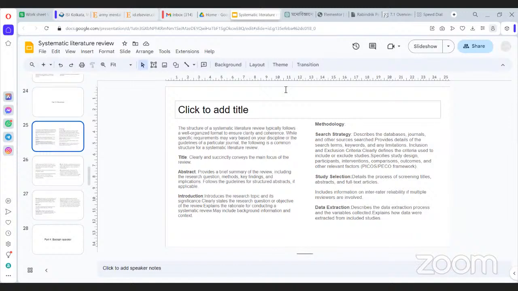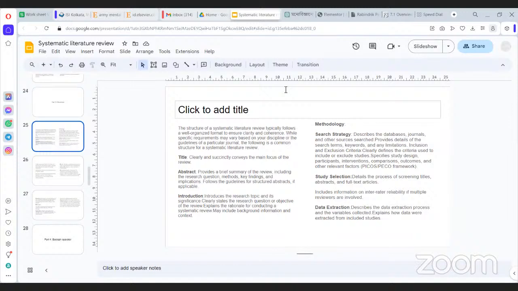Sir, your research question is important. If we write our research question in the abstract, many times they ask us to write 200 or 250 words in the abstract. If we write our research question, that itself will come to 100 words, no, sir? In abstracts there are many things, like summary of the review, research question, methods, key findings, and implications.